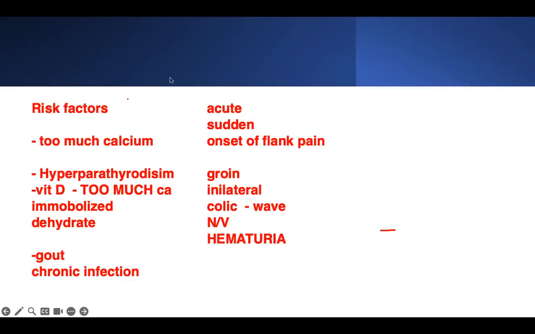If this is the kidney, this is the bladder.